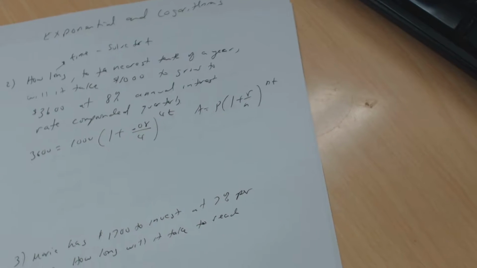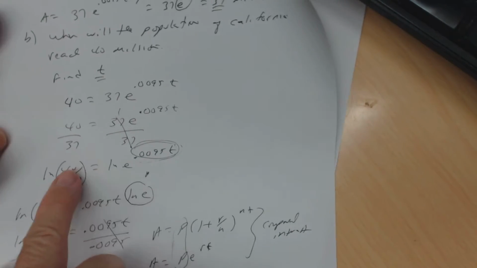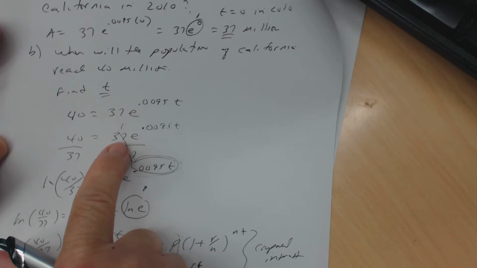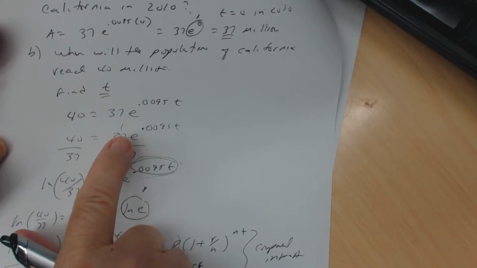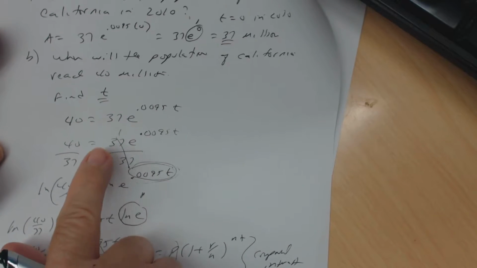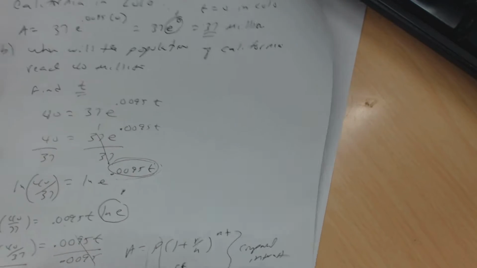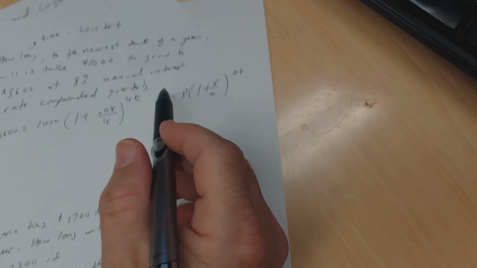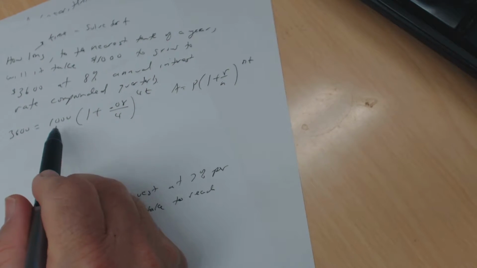Alright, now remember, in order to take the natural log of both sides or the log of both sides, this coefficient here has to be a 1. So you see, that's why we divided by 37 to get this coefficient here to be a 1. Then I can take the log of both sides. So here, I've got to do the same thing. I've got to divide both sides by 1,000.